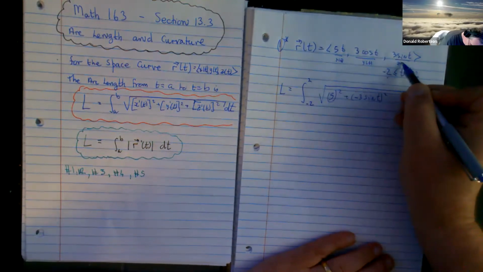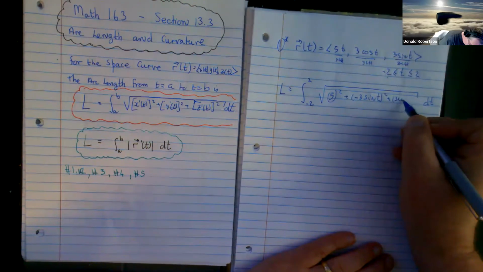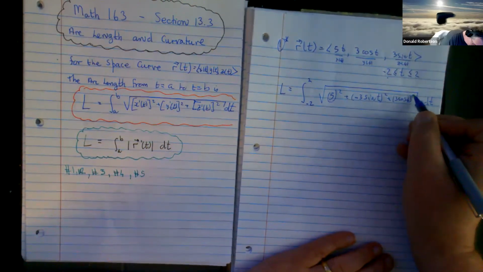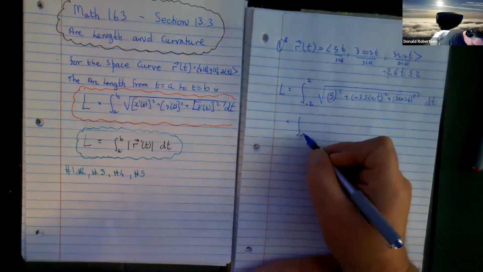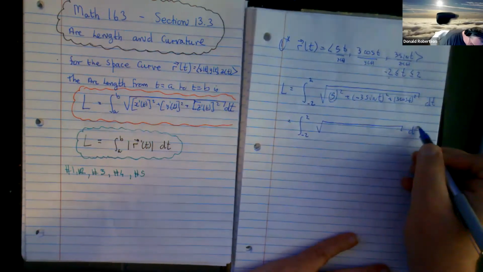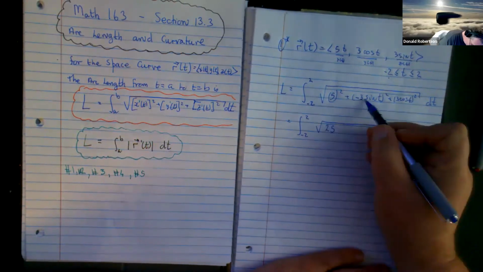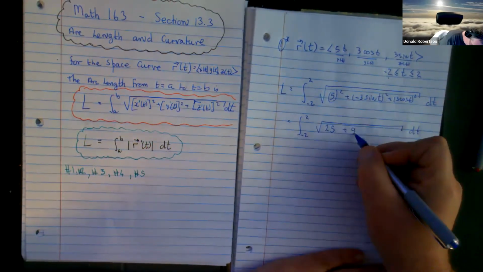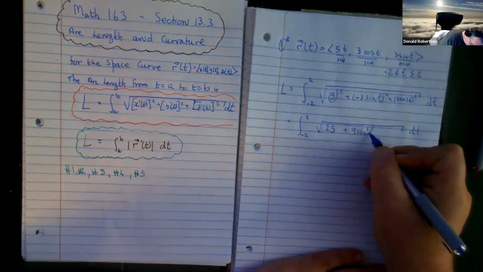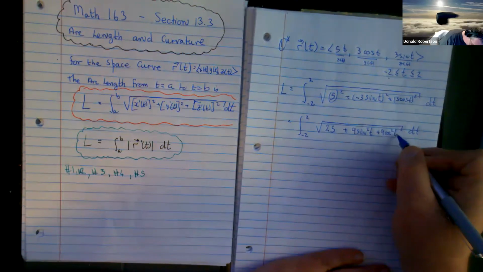And then your z of t, you differentiate 3 sine, you get 3 cosine t, and you square it. Five squared gets you 25. If you square this, you get +9 sine squared. And if you square this, you get +9 cos squared.